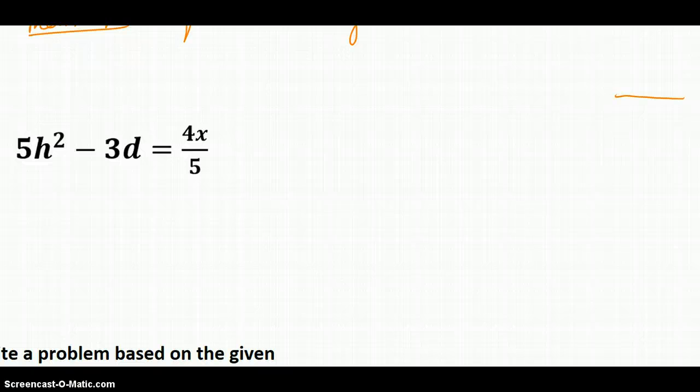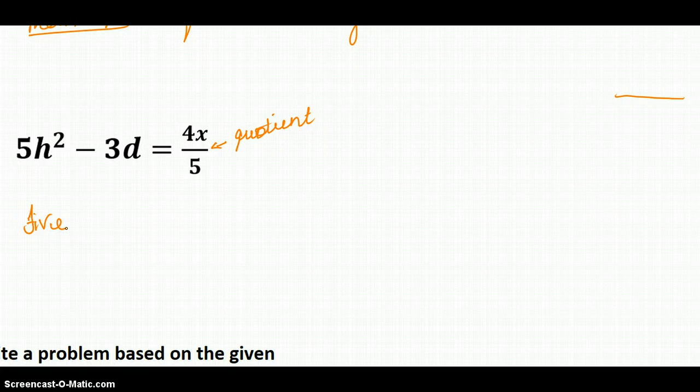Oh, this one looks fun. Okay, so we have a 5 that's multiplied by h squared minus 3d equals, remember this is going to mean quotient. So let's say 5. Now, at the beginning of a sentence, you always use the word.